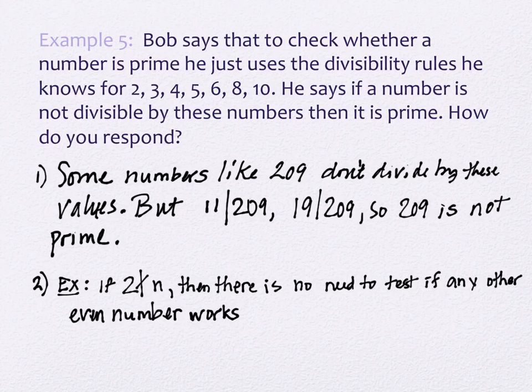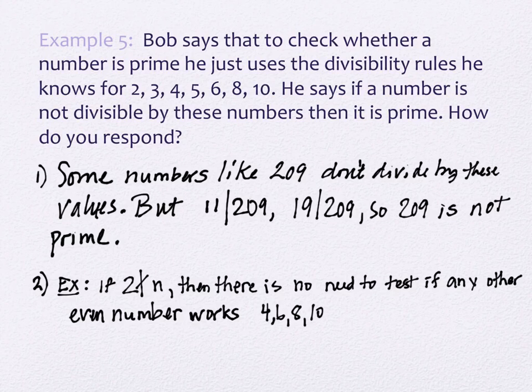The list that he gave in particular would include 4, 6, 8, and 10. So if you tested all of these numbers, that would be wasting your time. If the number 2 did not divide it, there is absolutely no need to test if 4, 6, 8, or 10 divides. It's not going to work, right?